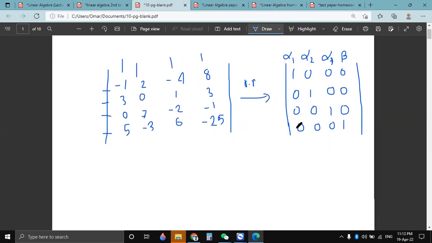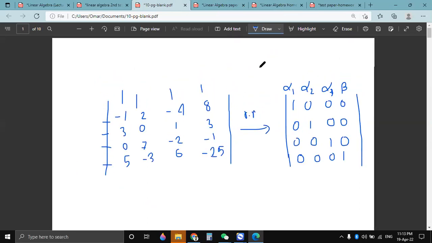So if I write down the result, let me just draw this line. It will be alpha 1 is equal to 0, and then alpha 2 is equal to 0, and then alpha 3 is equal to 0, and in the last line we will get 0 is equal to 1, right?